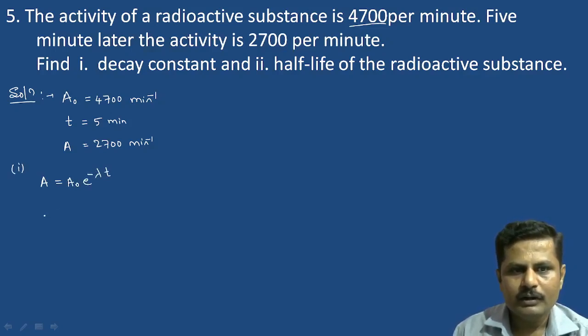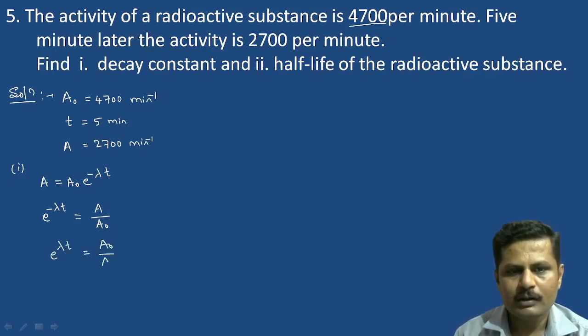We know that e to the power of minus lambda t can be written as A divided by A naught, where lambda is the decay constant that we need to find. So e to the power of lambda t becomes A naught by A. On substituting the values, A naught is 4700 per minute and A equals 2700 per minute.